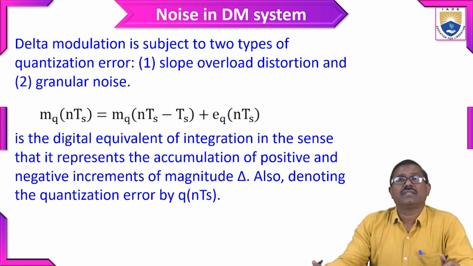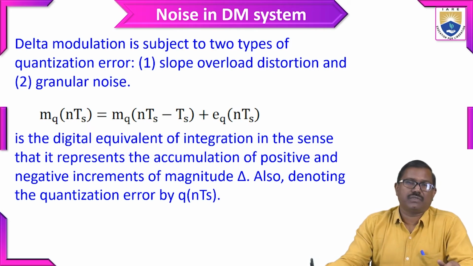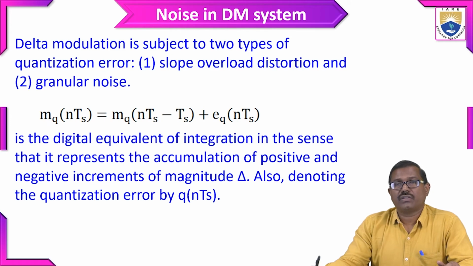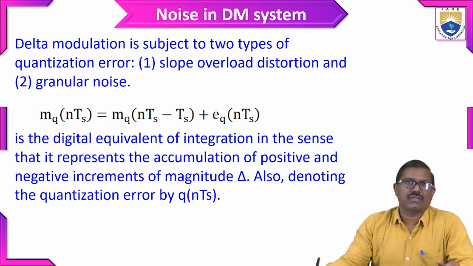So here, the noises in the DM system. What noises are expected from this DM system? Delta modulation is subject to two types of errors: one is slope overload distortion and another is granular noise.